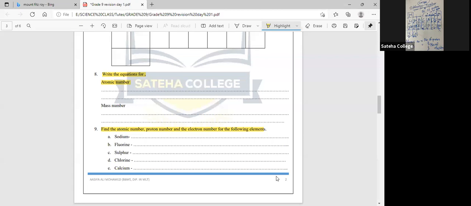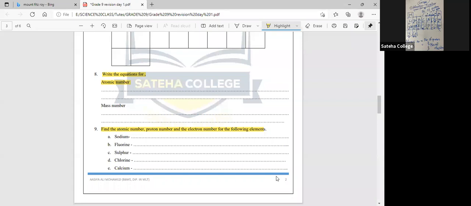So find a way to memorize. Like I said, you can memorize it like a song. There are songs in Sinhala, there are songs in English. You can go to YouTube and check. By using any one of them, make sure to memorize.